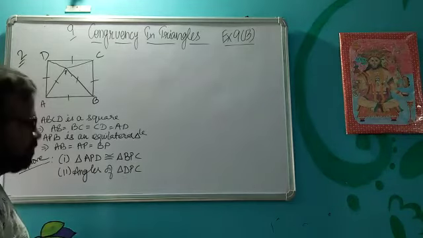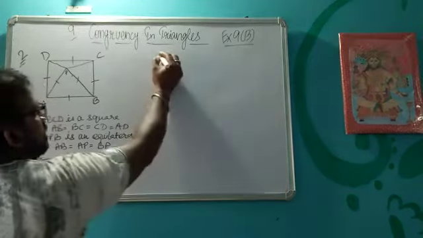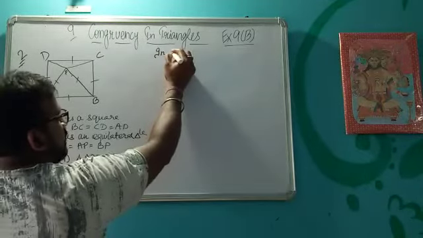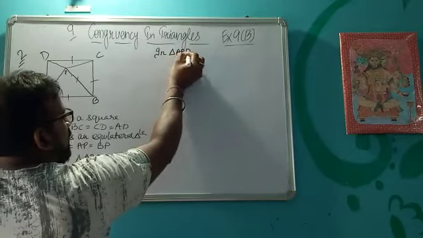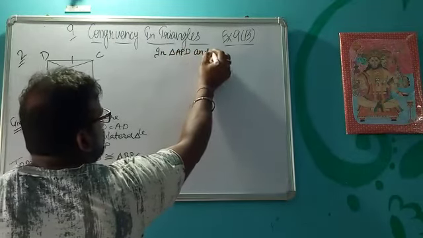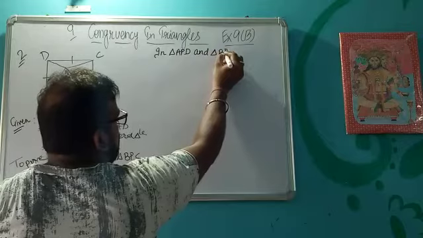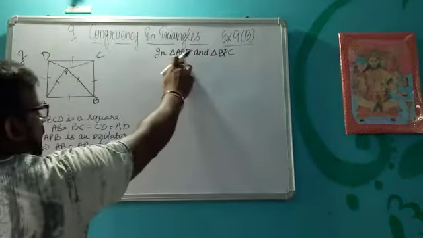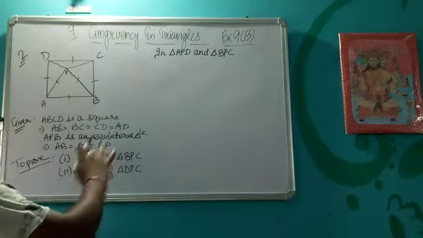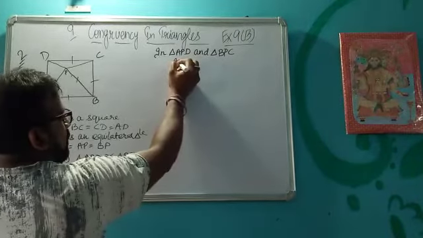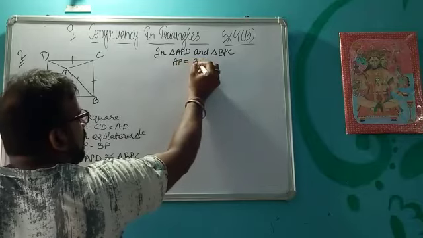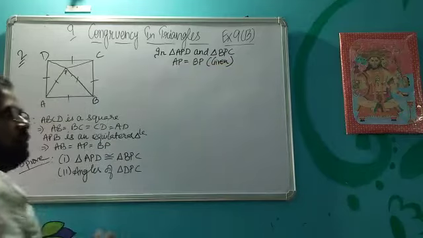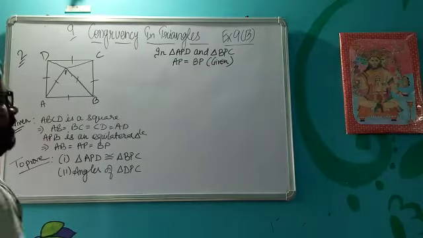First of all, we will write which triangles we need, APD and BPC. In triangle APD and triangle BPC, AP is equal to BP, and in the bracket I will write as given, because these two sides are equal to each other.